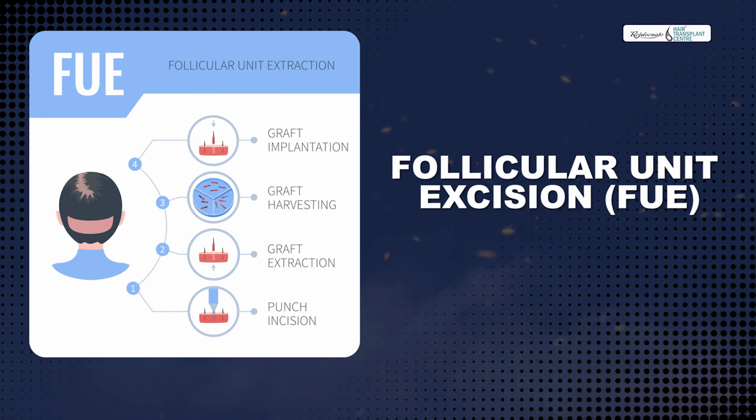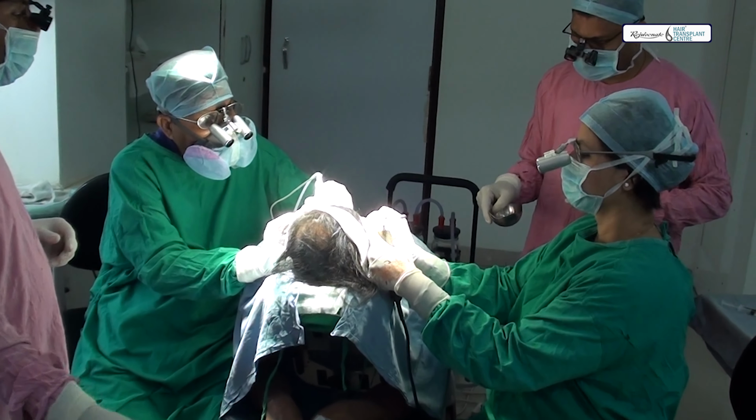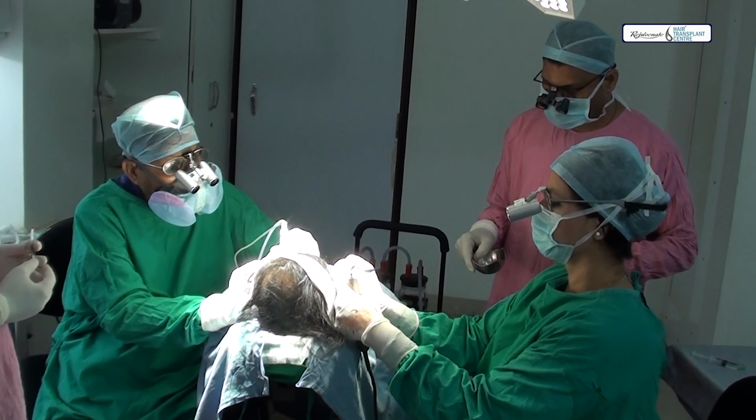Another technique is called FUE, follicular unit excision. Previously we were calling it follicular unit extraction, but as it is surgery, the name follicular unit excision is more appropriate, as it should be done by a trained, qualified surgeon.